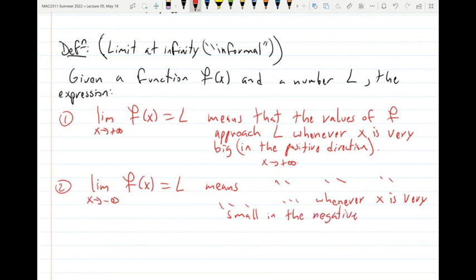It sounds strange, but remember, it's really small because the more negative you are, the smaller the number is. So that's what we mean by x approaching negative infinity.